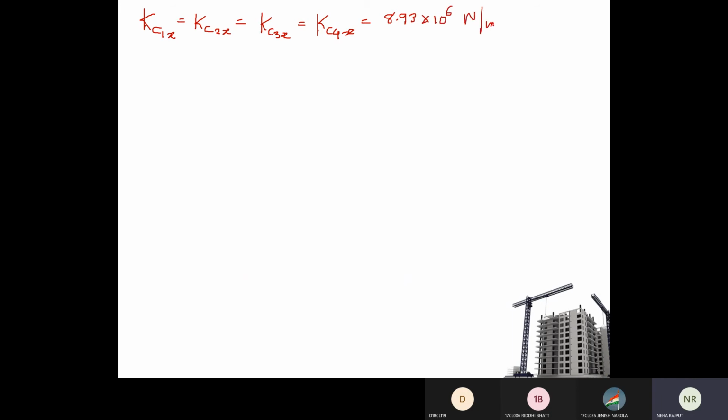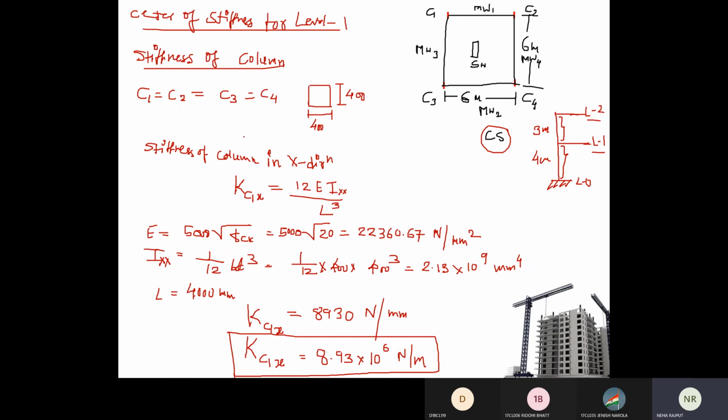Right, if the dimensions are changed for C2, C3, C4 column, then you need to perform this same kind of exercise. Only the change will be in your moment of inertia equation.